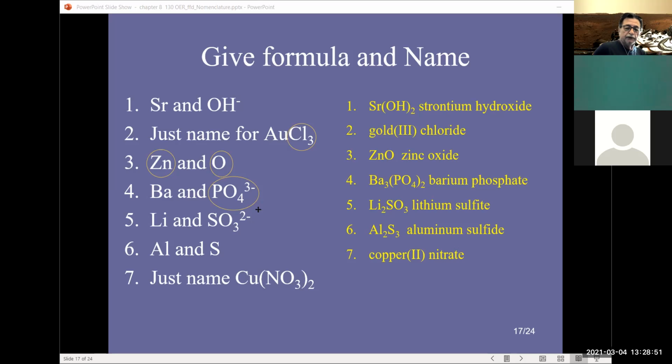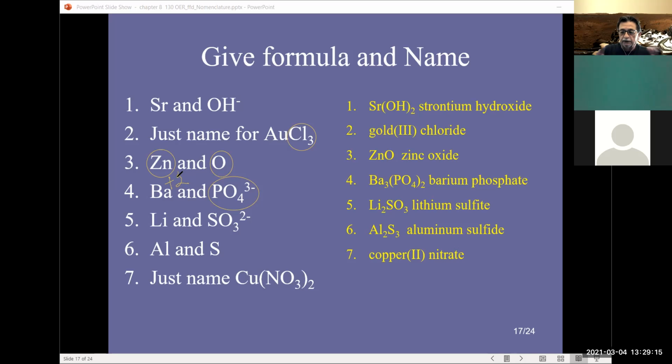What charge do we have there? Well, barium is in group 2. It's a metal, but it will lose 2 electrons. And so it has a +2 charge as an ion.